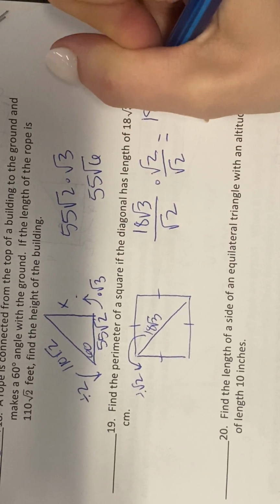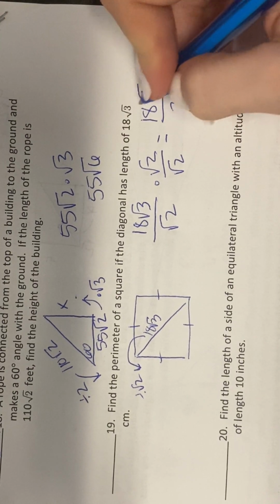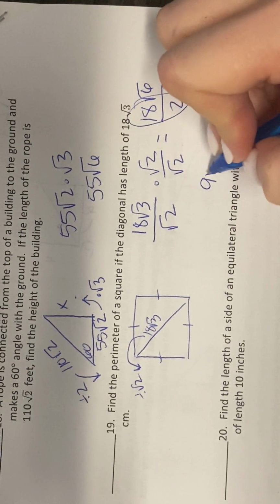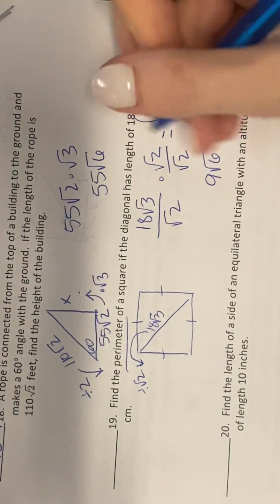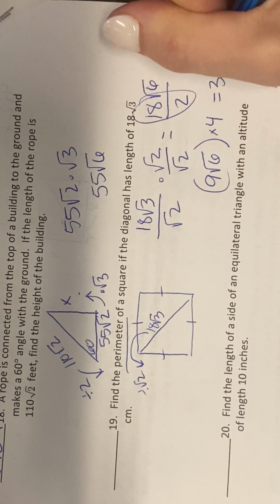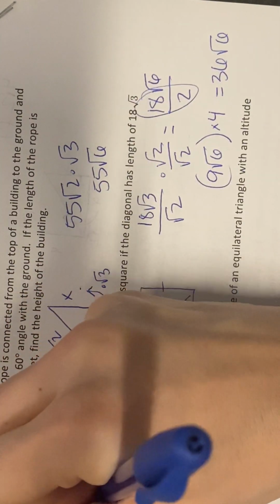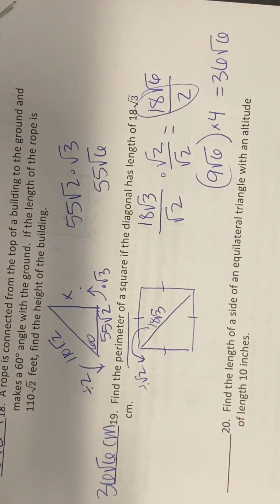So we're going to get 18 root 6 over 2. 18 divided by 2 is going to be 9 root 6, but it's the perimeter. So we're going to have to multiply this times 4. So we are going to get 36 root 6 centimeters.